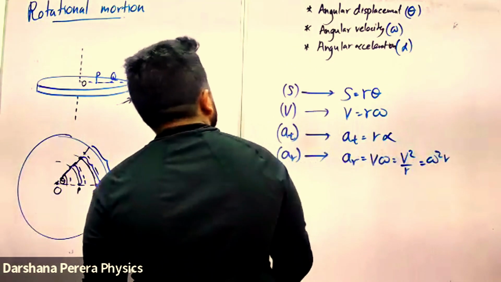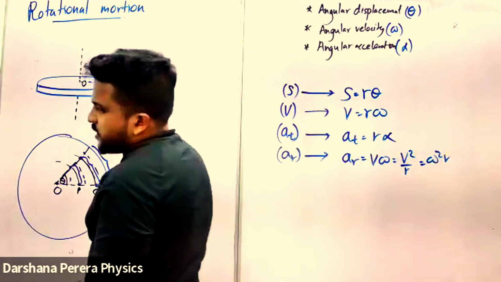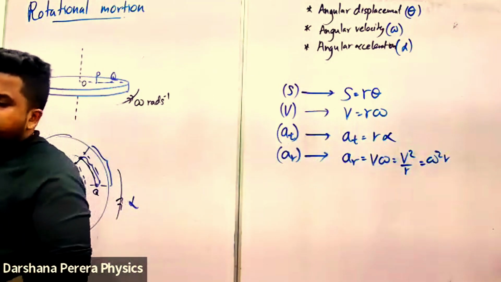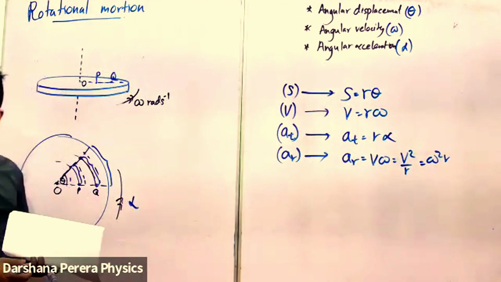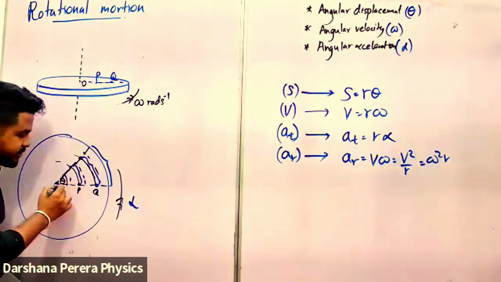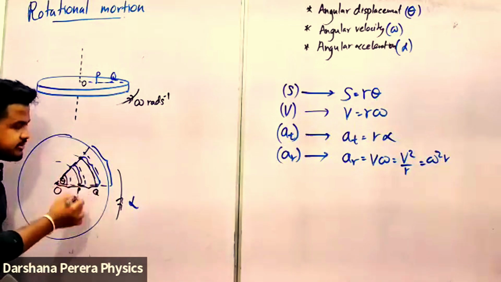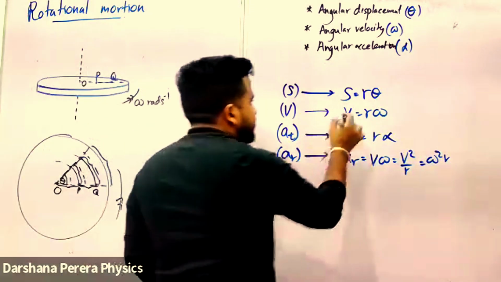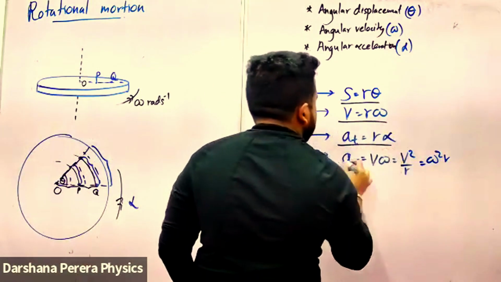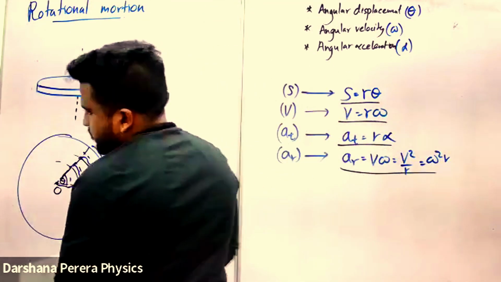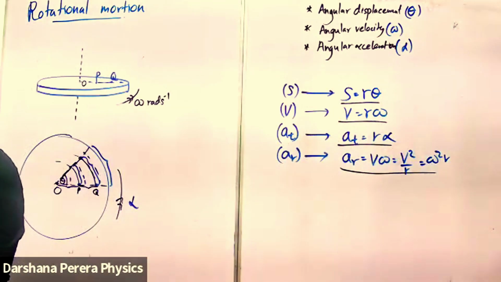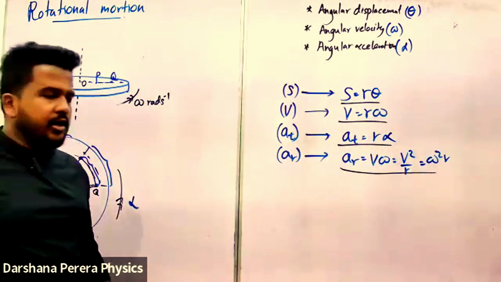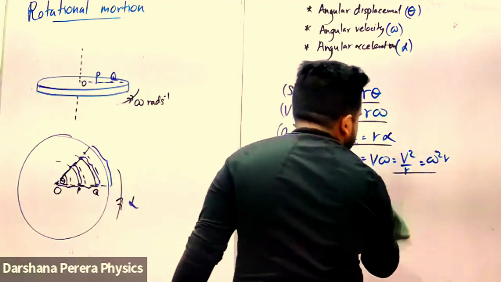It also changes, because the radius is changing. These are the changing parameters. Previously we discussed in circular motion what the parameters are.